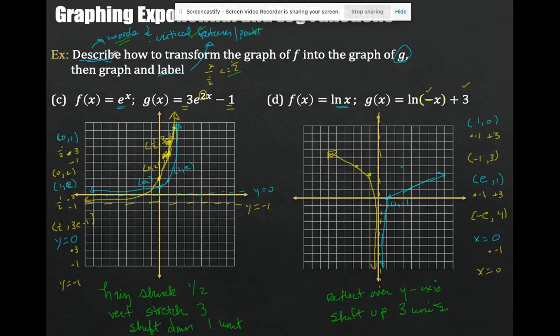Right, so if I only wanted you to graph the transformed function, I'd say describe how to transform the graph of F into the graph of G, and then graph and label G. Okay. If I wanted you to graph them both, I would say then graph and label both on the same set of axes.